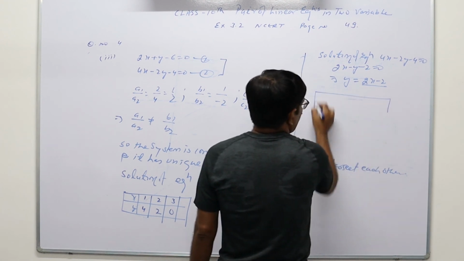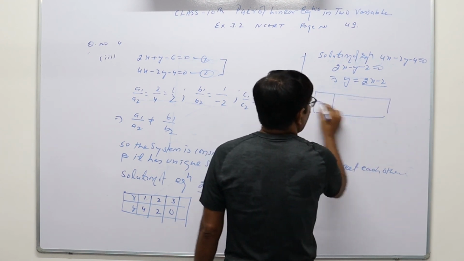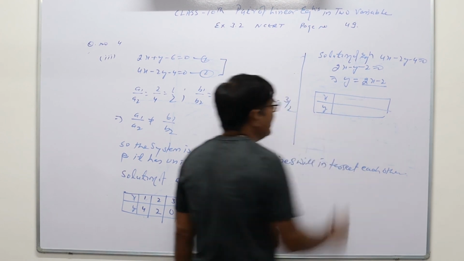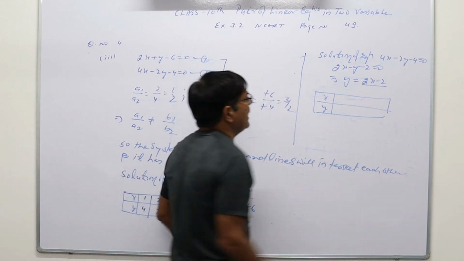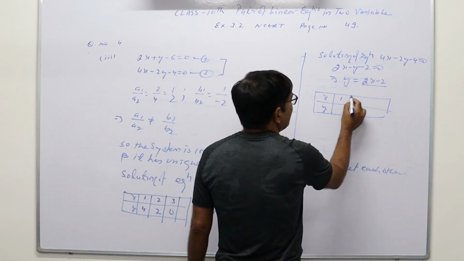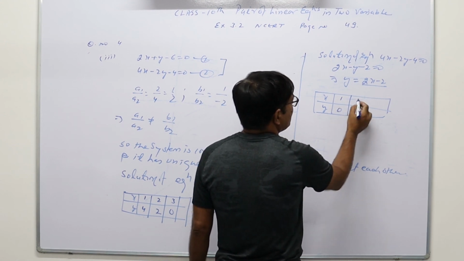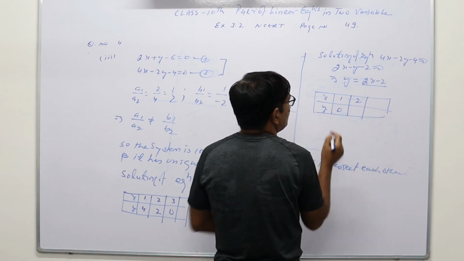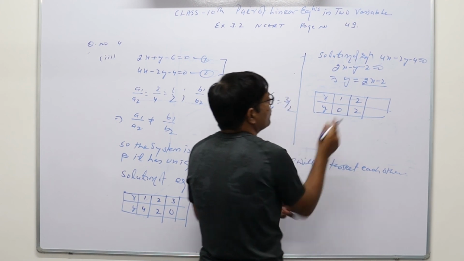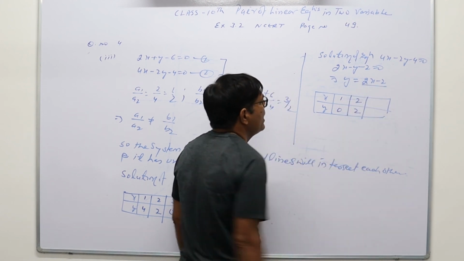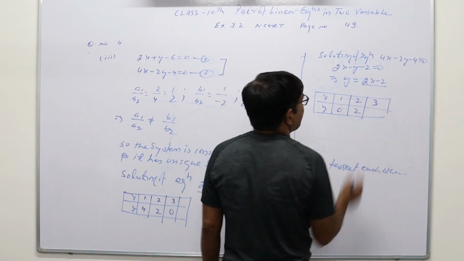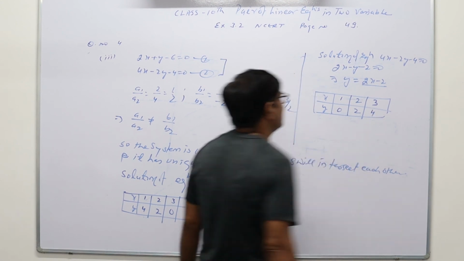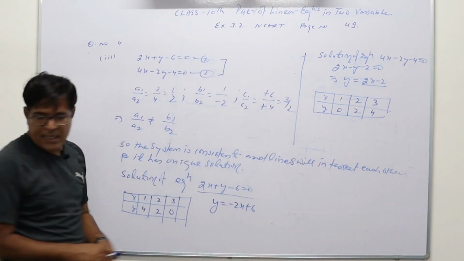For the set of solutions, make one table of x and y. If we put x equal to 1, then y will be 0. If we put x equal to 2, then y will also be 2, because 4 minus 2 is 2. If x is equal to 3, then 6 minus 2 is 4. So these will be the solution sets.